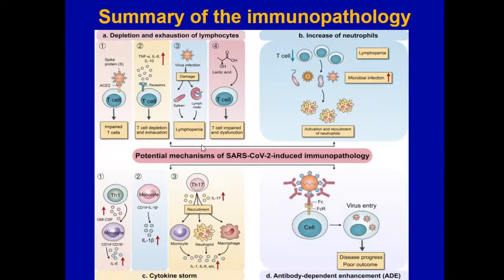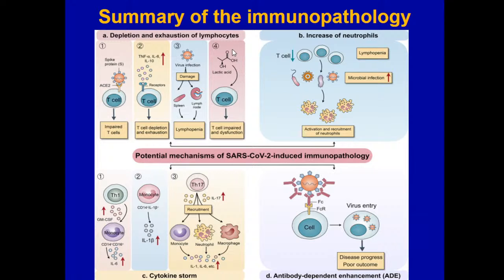So we take a look at the summary of the immunopathology. And you can see here the 4 groups of potential mechanisms. The very important one, and I would like to underline this, is the depletion and exhaustion of the lymphocytes.